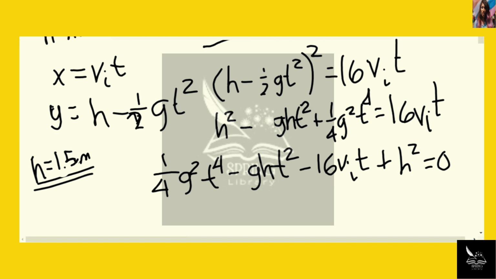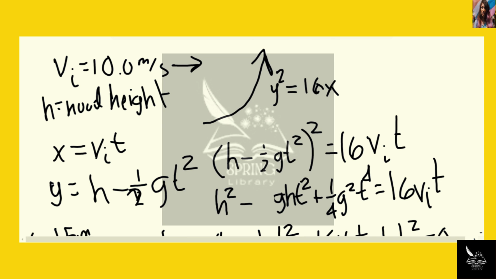which would technically be the t-intercept. So y equals 1/4 g squared t to the 4th power. I'm going to put in h equals 1.5. What else do we know here? V equals 10.